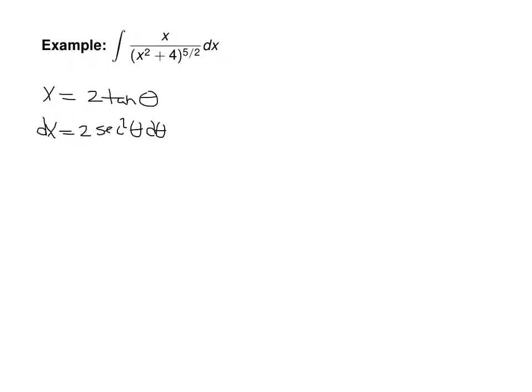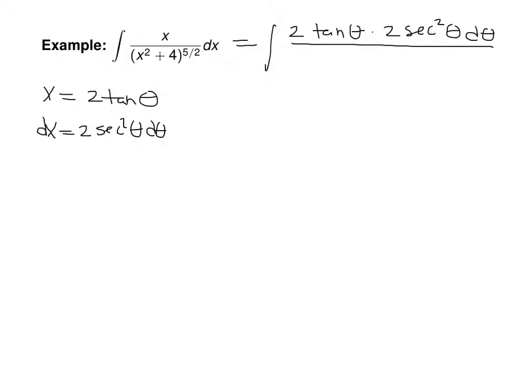So this becomes the integral of 2 tan theta multiplied by 2 secant squared theta d theta over the root, all to the 5th, and that will be 4 tan squared theta plus 4.